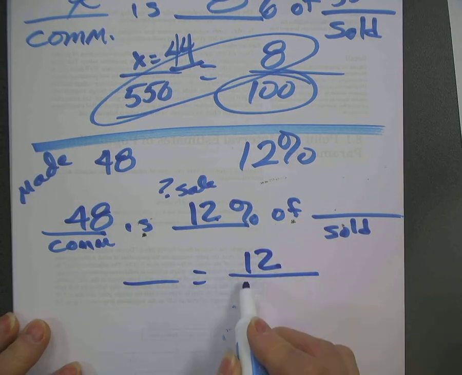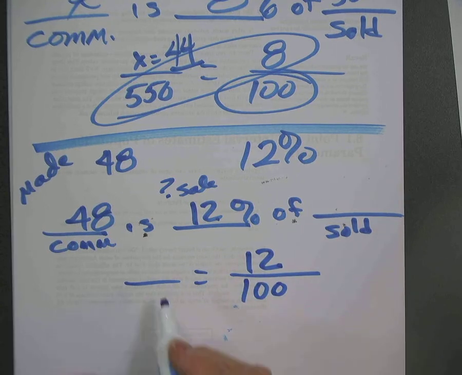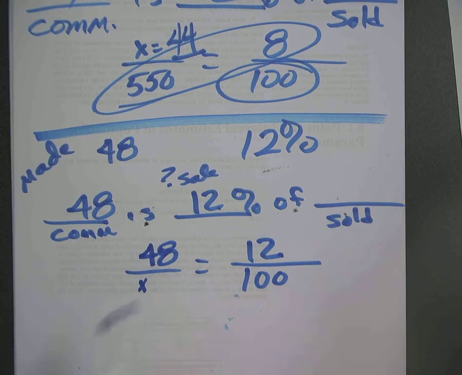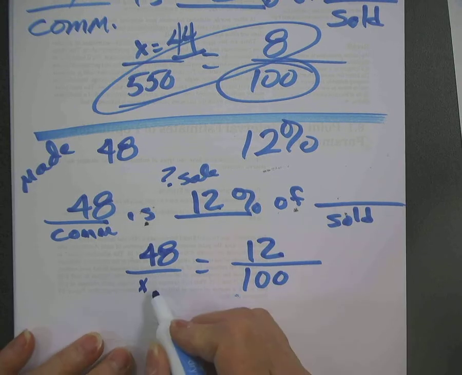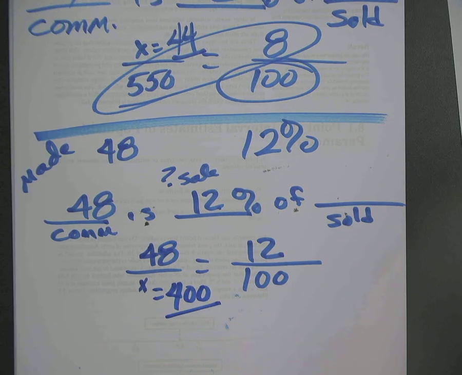We have 12%, the percent goes over 100. We don't know what he sold. We know he made 48. 4,800 divided by 12. So he made a $400 sale. Okay?